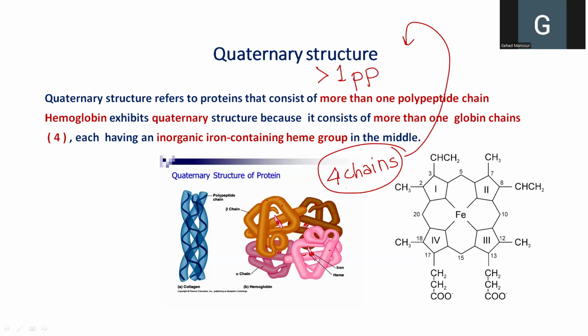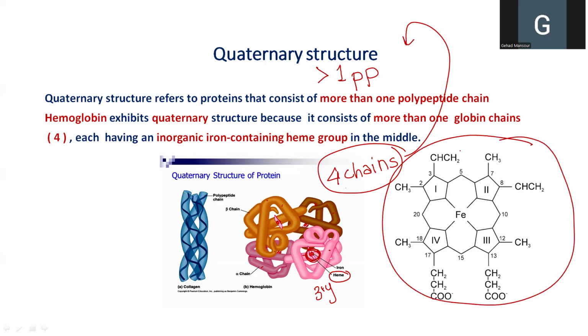You can see that each of these polypeptide chains is highly folded into a tertiary structure, and at the center of each of these polypeptide chains, we have an inorganic iron-containing heme. This is heme, this is the chemical formula of heme. Heme, of course, is organic because it contains carbon and hydrogen, but the center of it is iron, and iron is inorganic.